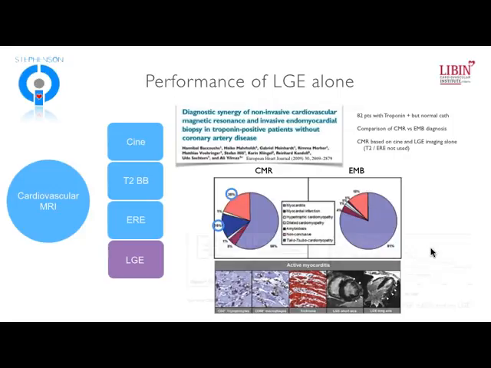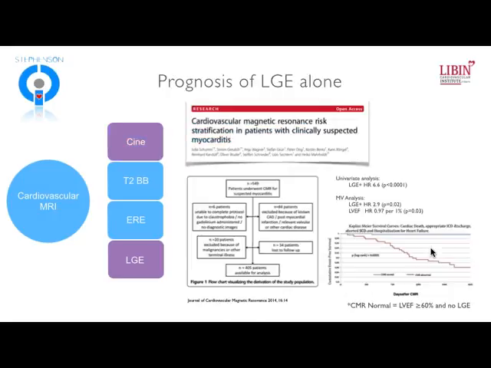But if you take the Takotsubos out, we have a very remarkable similarity between these two groups. And so late gadolinium enhancement imaging is a very robust way, in isolation without other tissue characterization techniques, to be able to differentiate etiology of troponin elevation in the setting of normal coronary arteries.